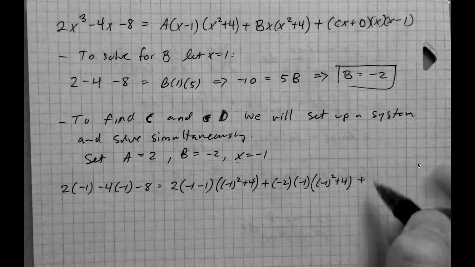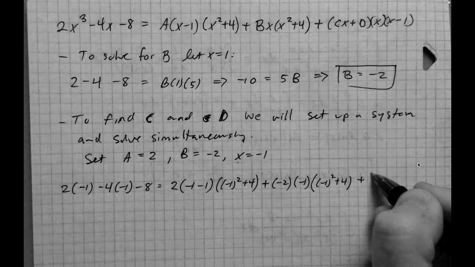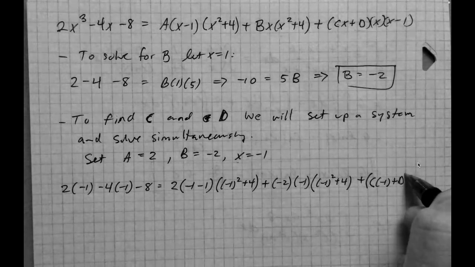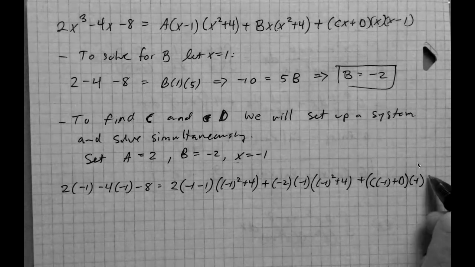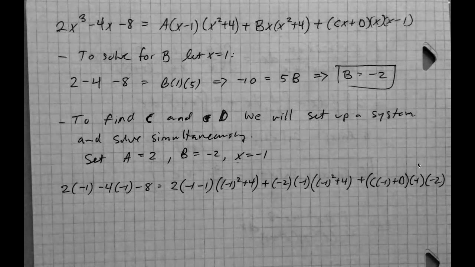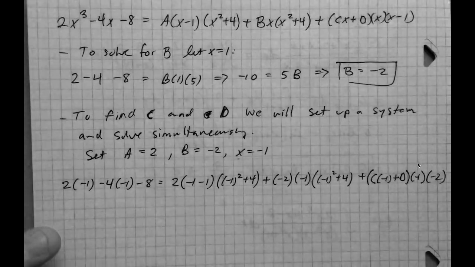And then we've got the c and d, plus c times negative 1 plus d times negative 1 times negative 2. Okay, so kind of did a lot there. Hopefully we didn't lose anything.